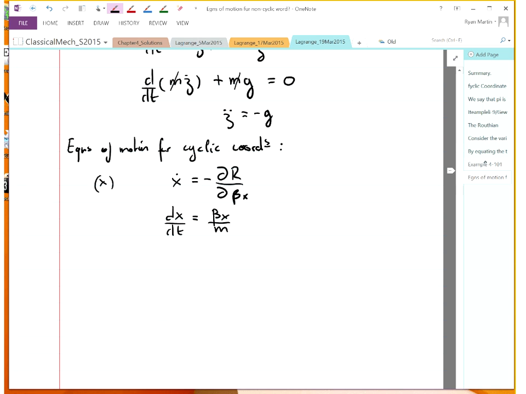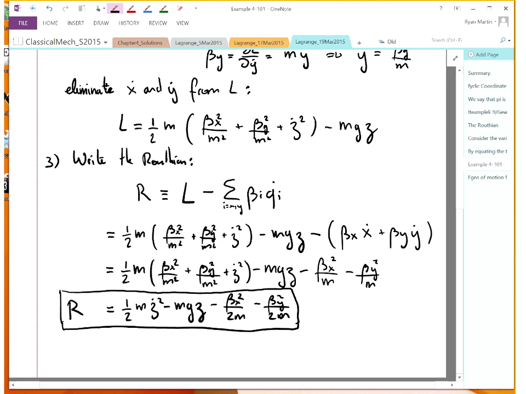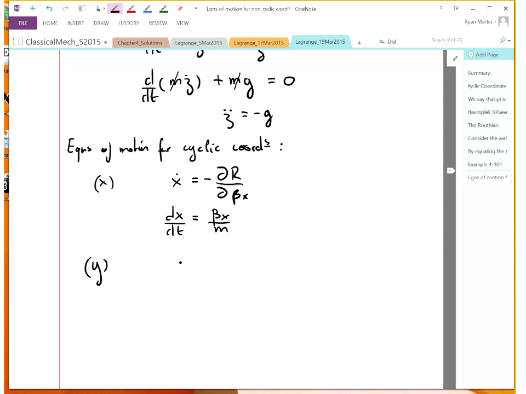And then similarly for y, it looks exactly the same as x. So the differential equation for y is going to be dy by dt equals beta y over m. And those are trivial to solve, right? That means x of t is equal to some integration constant x naught plus beta x over m times t.